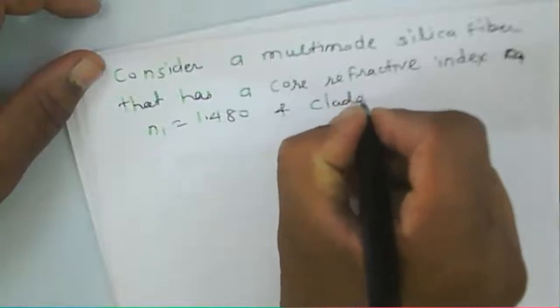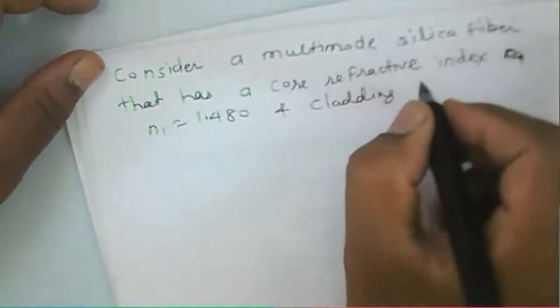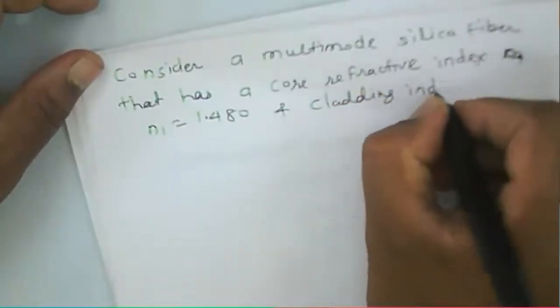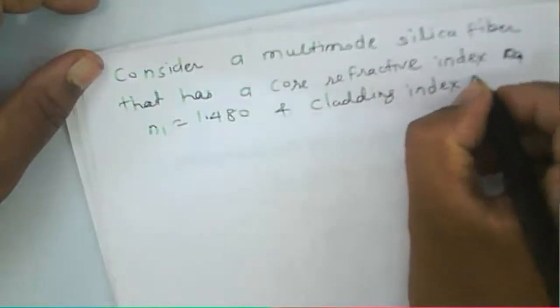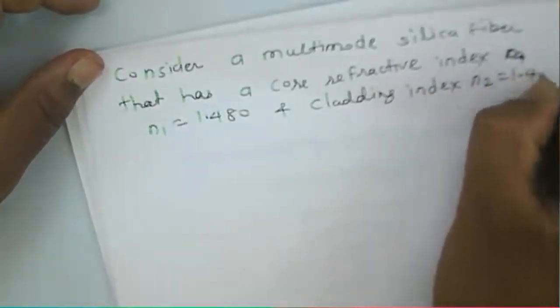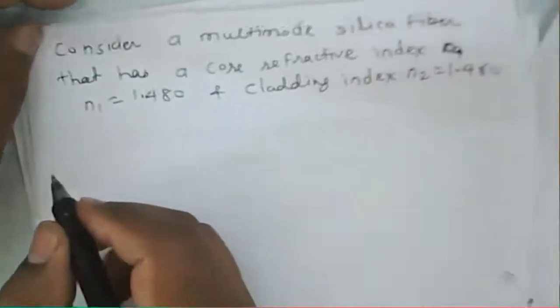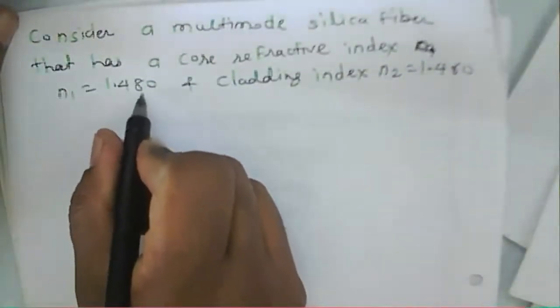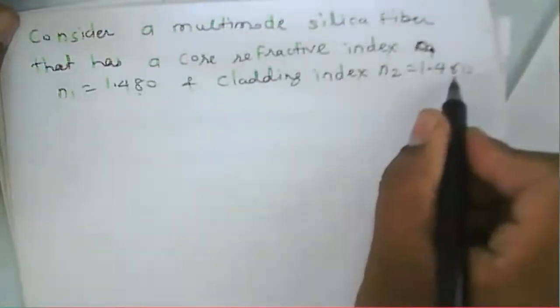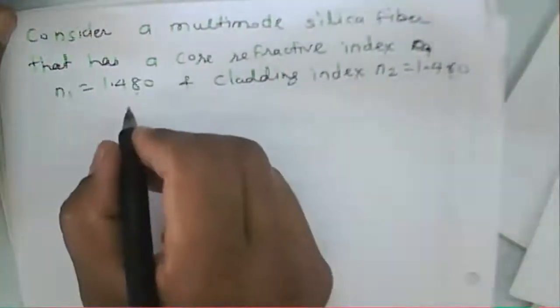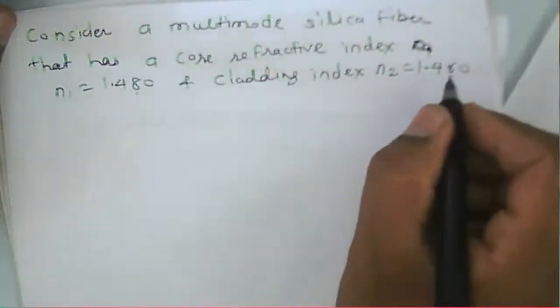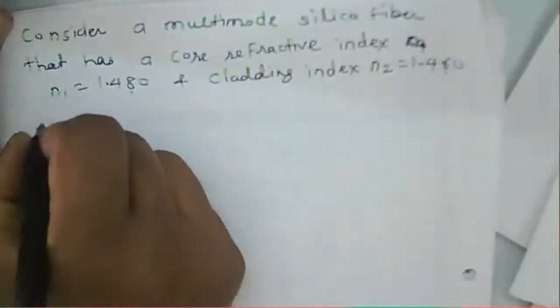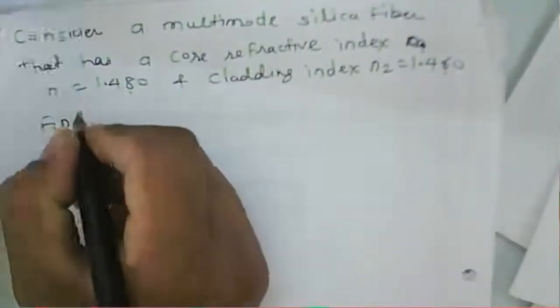And a cladding index, that is n2, is equal to 1.460. Okay, n2 is 1.460 and n1 is 1.480, with a difference of 0.02.